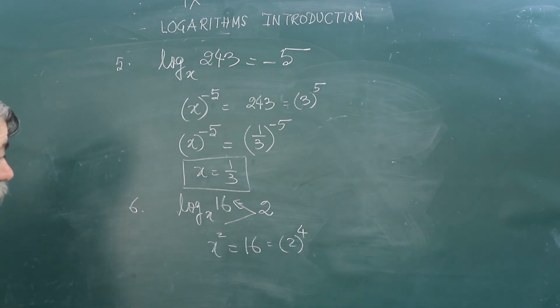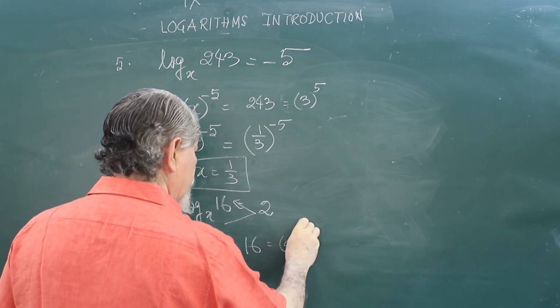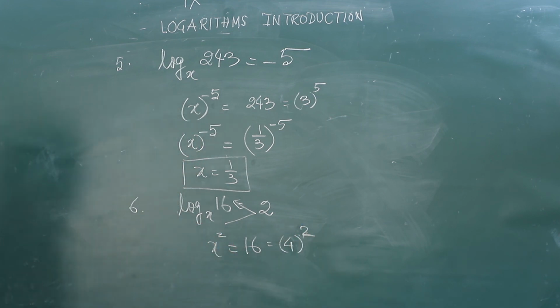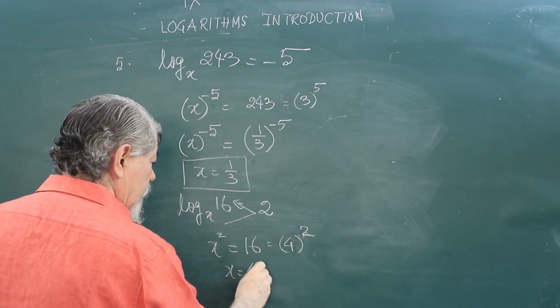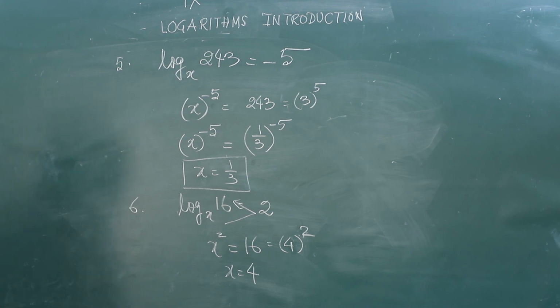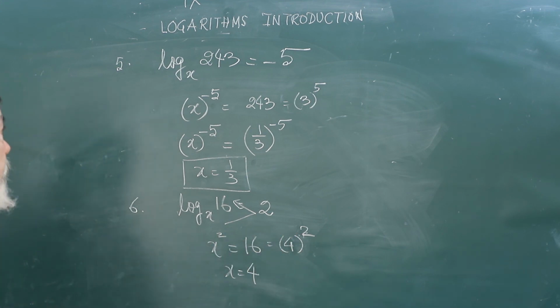But it is x square is 16. I want 4 to the power 2 because I want the powers to be the same. So it is power 2, it is power 2, so x is equal to 4. If the powers are the same, then only we can equate the bases.